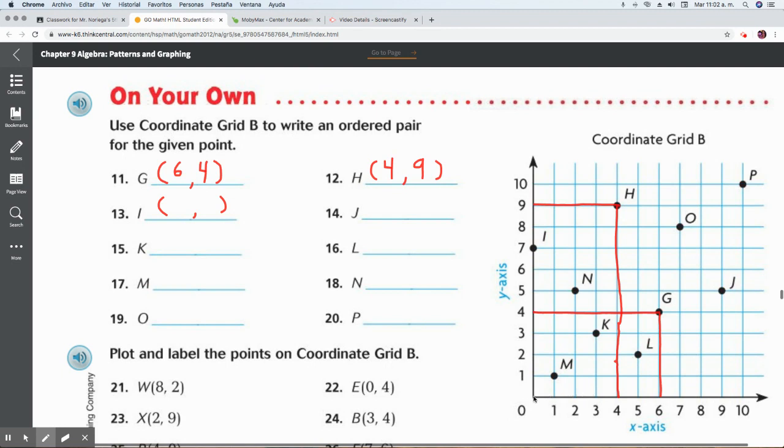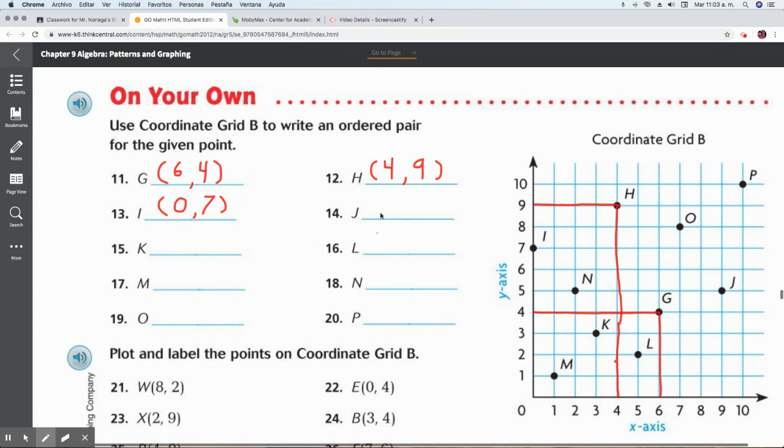We stayed at 0, so 0 is our first number. To find the second number, count how many steps we moved going up. Letter I is located on number 7, so 7 units going up is the second number.